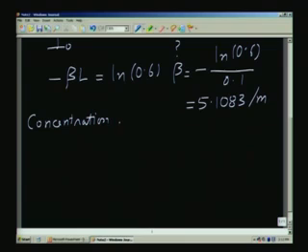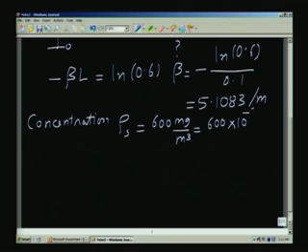So, we will call it rho of the smoke, the density was 600 milligrams per cubic meter. So, you see that we have a very small amount of the particular material. This is actually 600 into 10 to the power of minus 3 kilograms per meter cube. It comes to 0.6 kilograms per cubic meter.